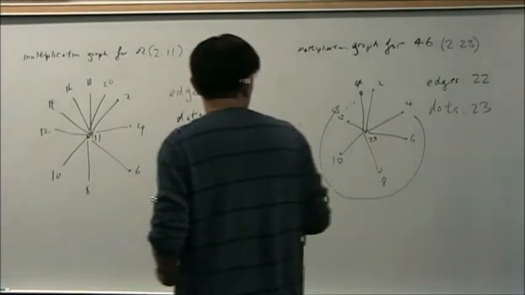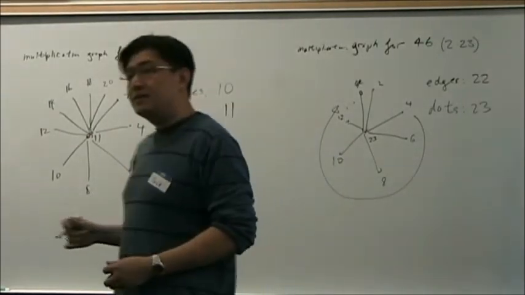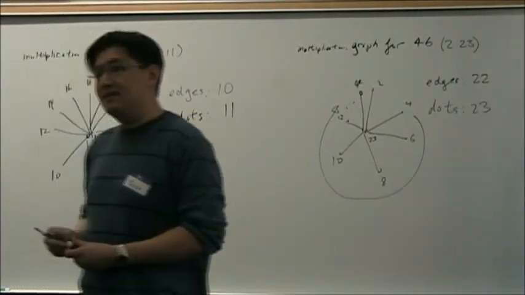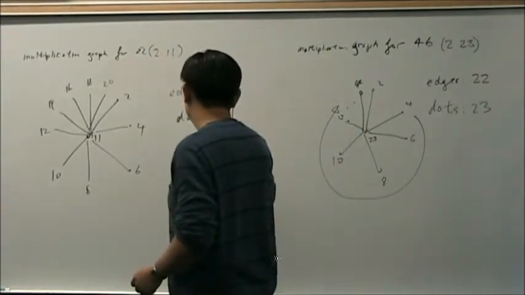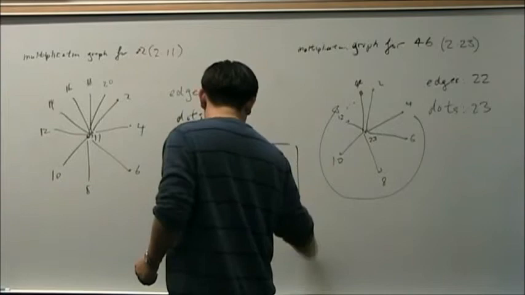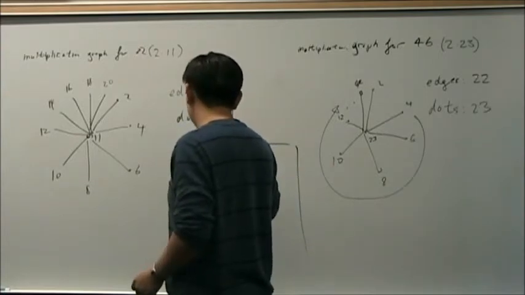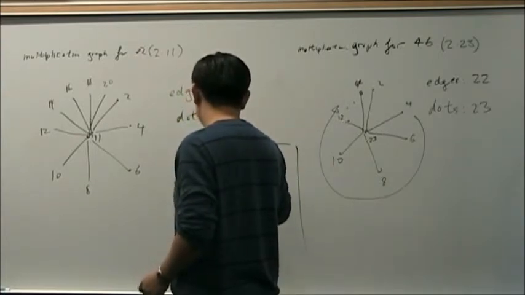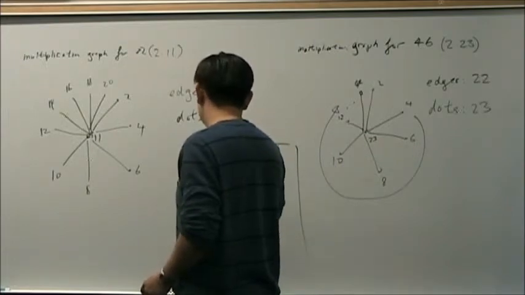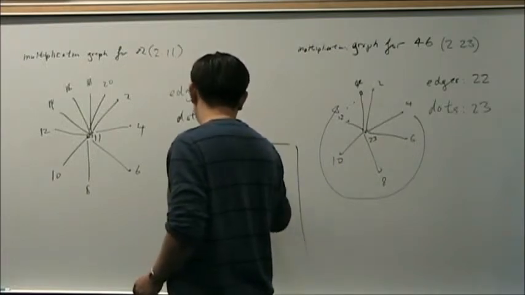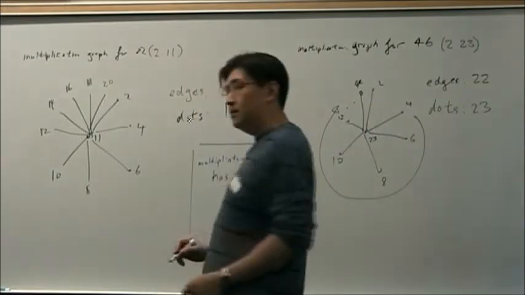No, because I gave 61 as the number of dots. We were trying to find which multiplication graph has 61 dots. 122.